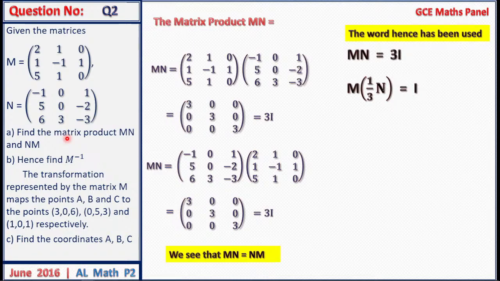From this matrix product, what do we know? If a matrix multiplied by another matrix gives the identity matrix, then one matrix is the inverse of the other.